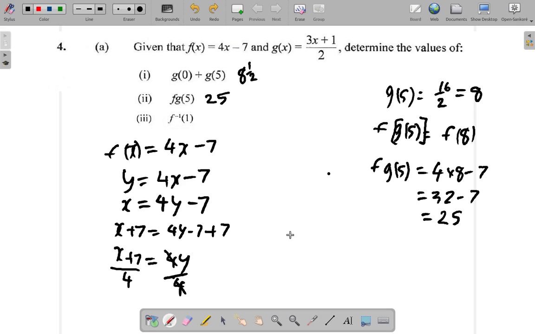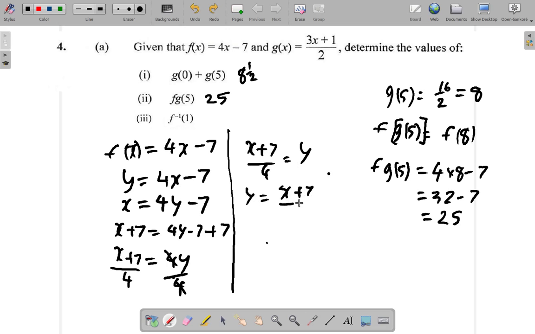So what you get here is that x plus 7 over 4 is equal to y. So y is equal to x plus 7 over 4. Now change this y to f inverse. So f inverse of x is equal to x plus 7 over 4.